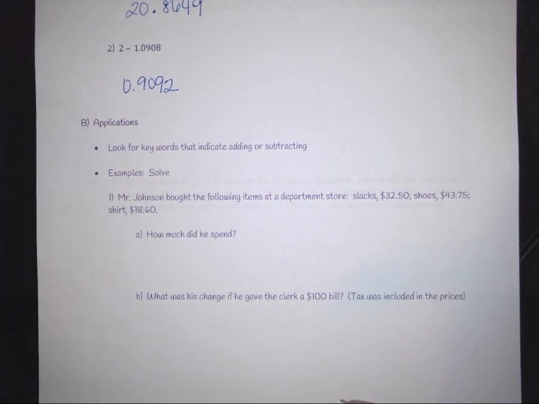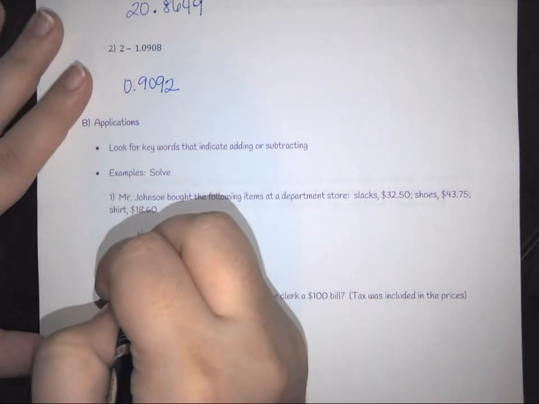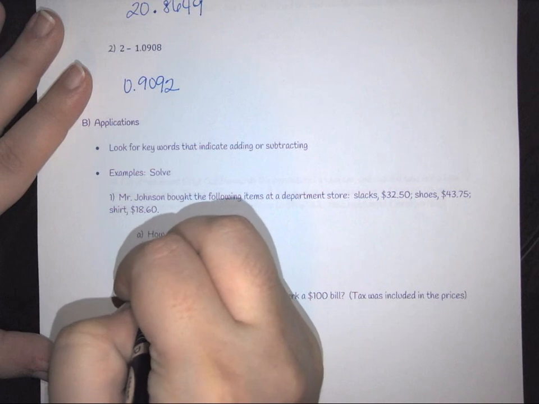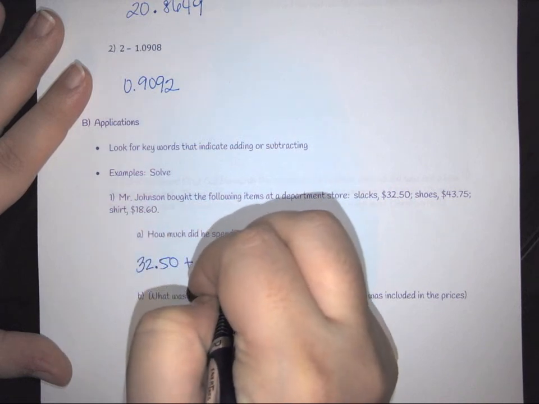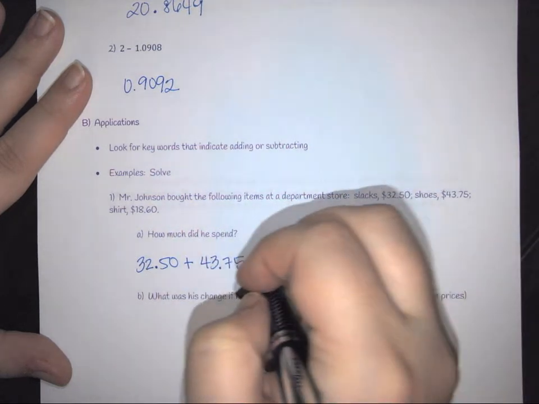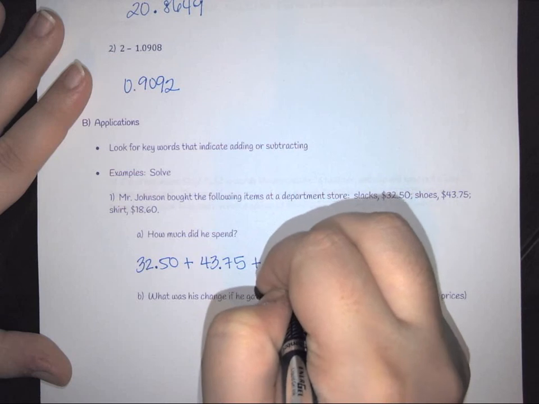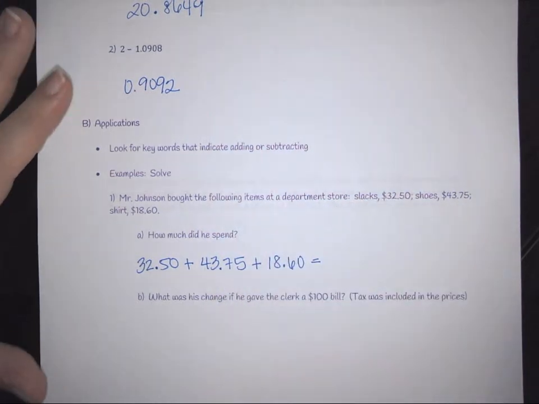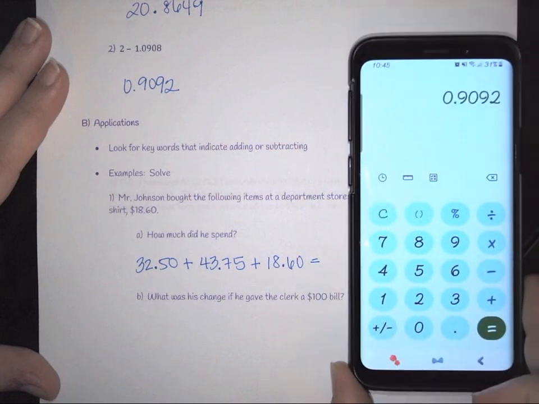The question says, how much did he spend? So very simply, you need to set it up. He spent $32.50 plus $43.75 plus $18.60.